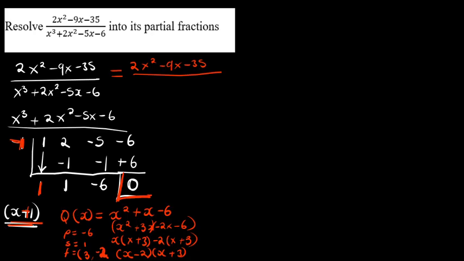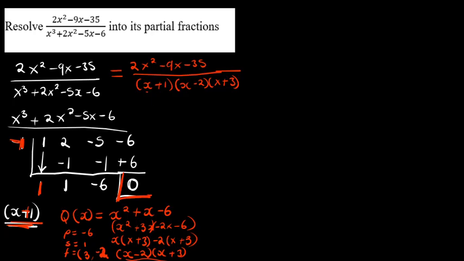the first factor, which was x plus 1. That was the fixed factor. The second factors are the ones that you have from calculating. So we have x minus 2, then x plus 3. Those are the factors that we have found.